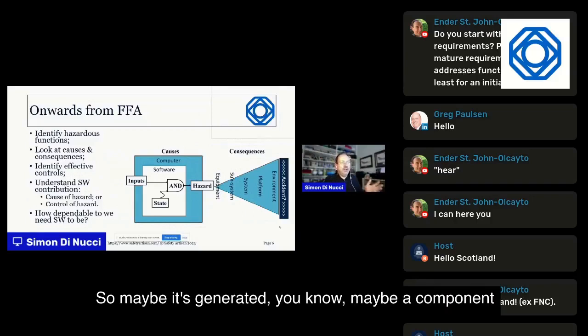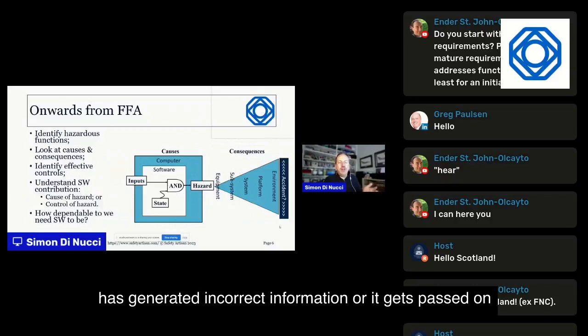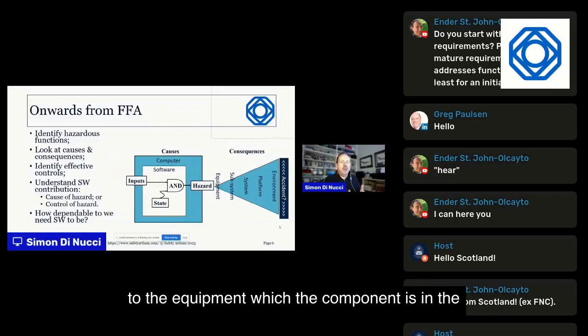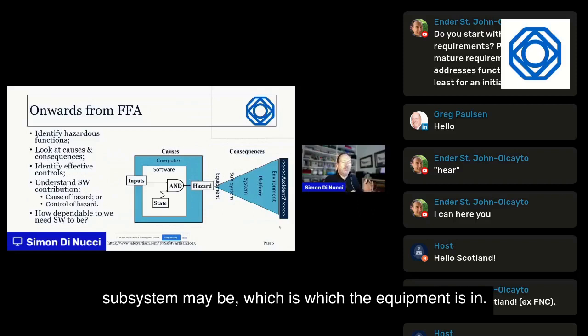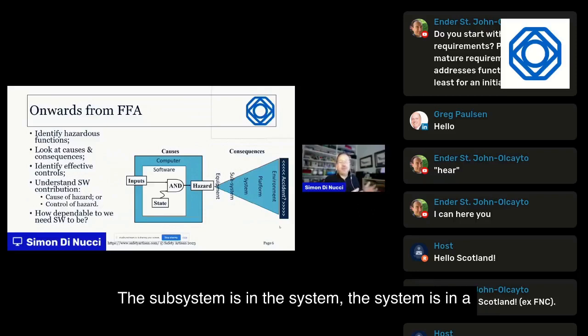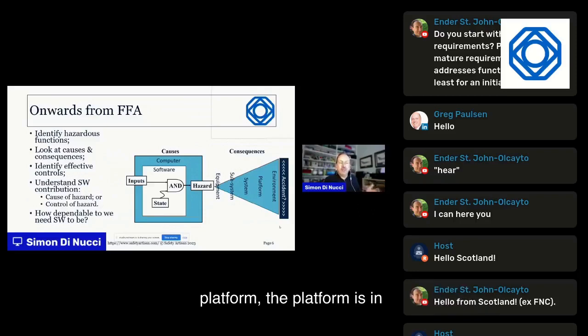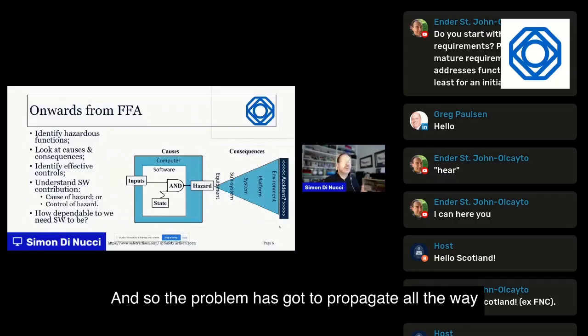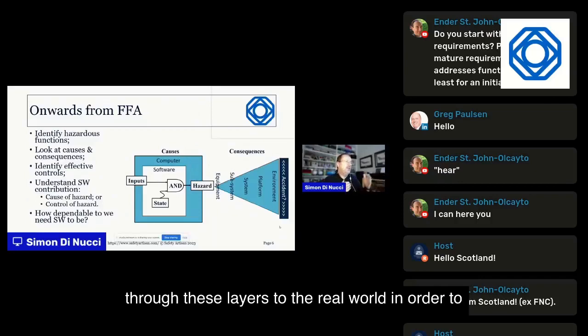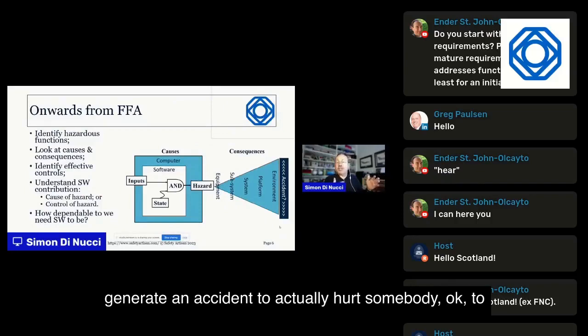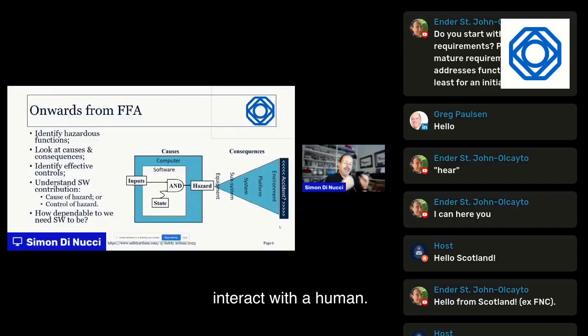Maybe a component has generated incorrect information, and it gets passed on to the equipment which the component is in, the subsystem which the equipment is in, the system, the platform, and the platform is in an environment in the real world. The problem has got to propagate all the way through these layers to the real world in order to generate an accident, to actually hurt somebody, to interact with a human.